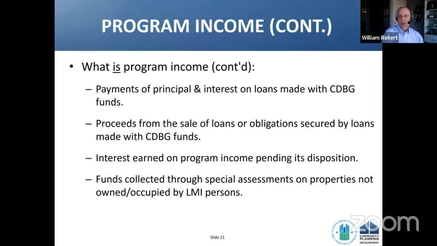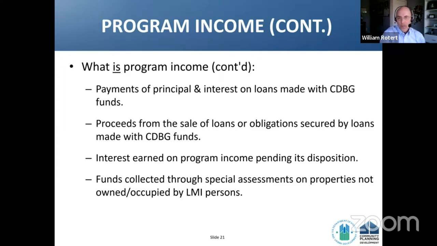When I first read this, I wasn't quite sure what they were talking about, but I know that some grant recipients bundle up their portfolios of loans. For example, you've got a long-standing single-family housing rehab program, loan program, or a small business loan program, and sell those on the private market. Those receipts that you receive from that would be considered program income.